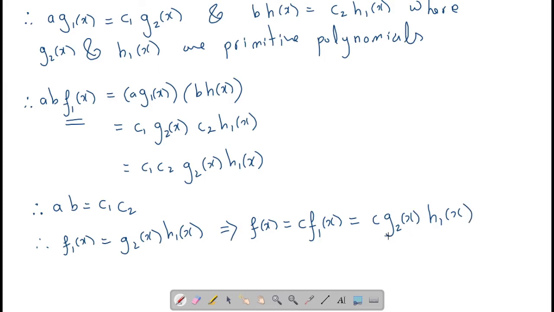So here you can see, if you look through the proof, the degree of g2 is the same as the degree of g, and the degree of h1 is the same as the degree of h, which means that both of these are non-units and non-zeros because their degrees are both greater than or equal to 1. Therefore, what we have proved is that f of x, these are both polynomials in Zx. So f of x is reducible in Zx.